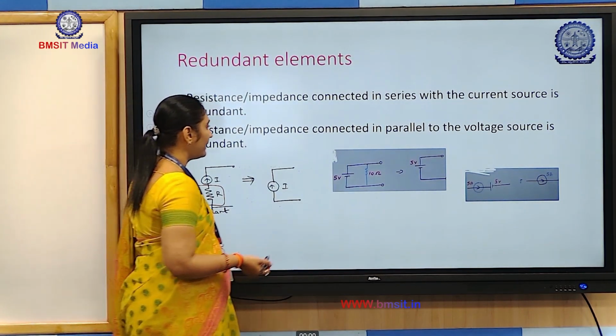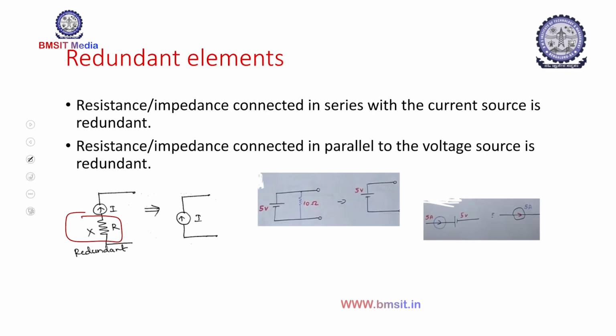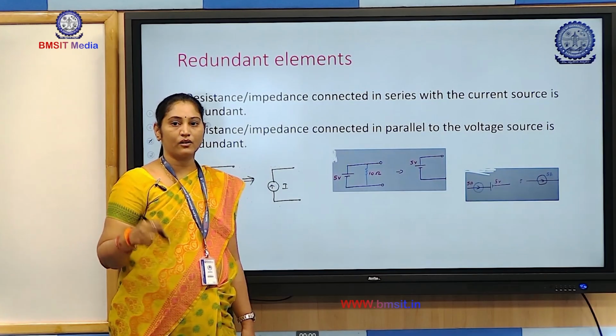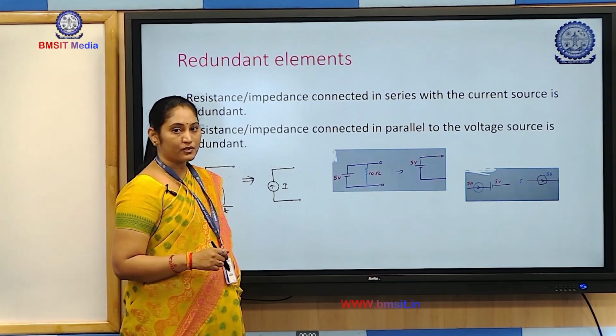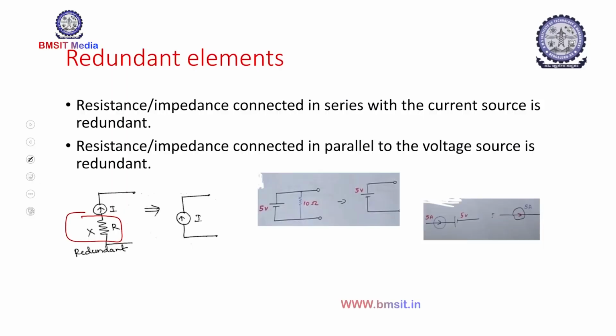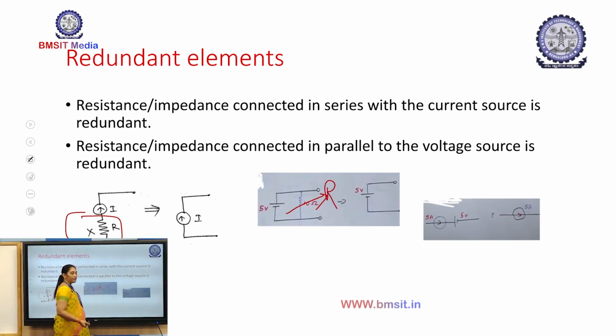Similarly, a resistance or impedance connected across any voltage source, especially ideal voltage sources, is also called redundant. The value remains the same even if you remove that resistor from the network.